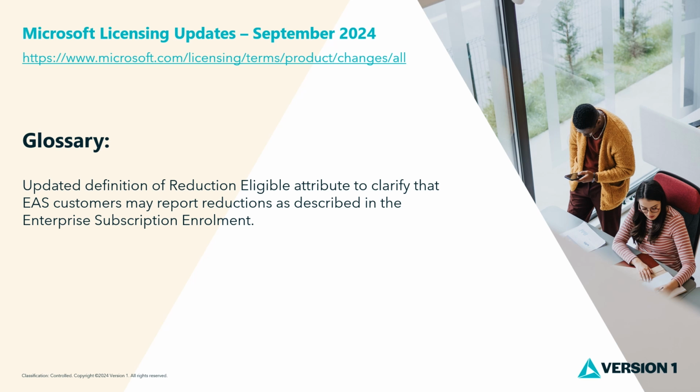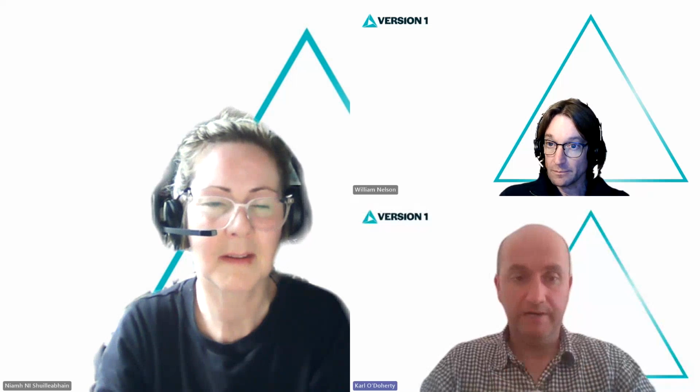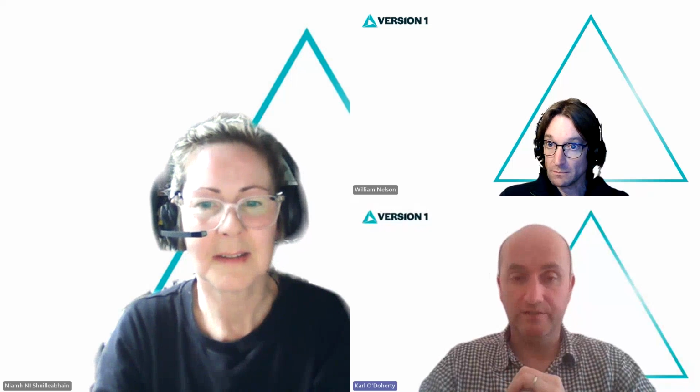Very good. So there was one other update just around the glossary. September saw some clarification that enterprise subscription enrollment customers have specific terms governing reductions, separating it from other enrollment types like the enterprise enrollment or enterprise enrollment for education solutions.